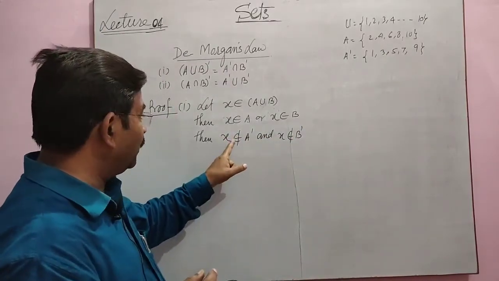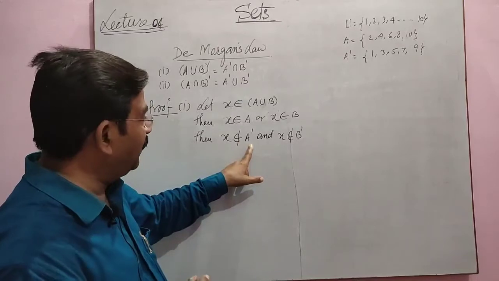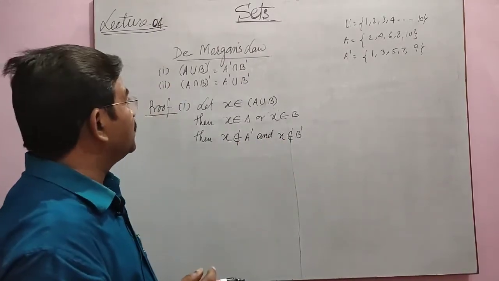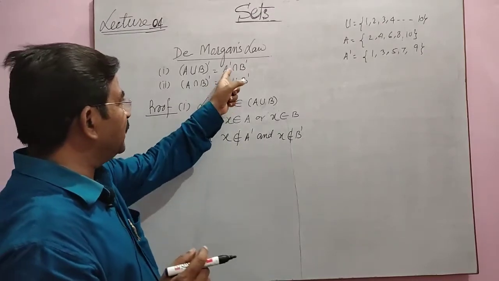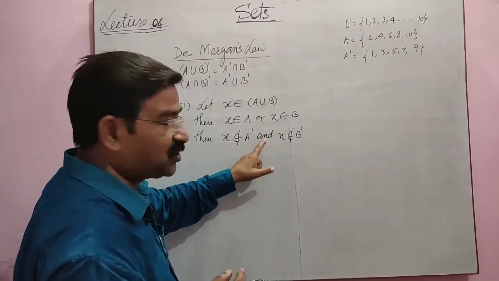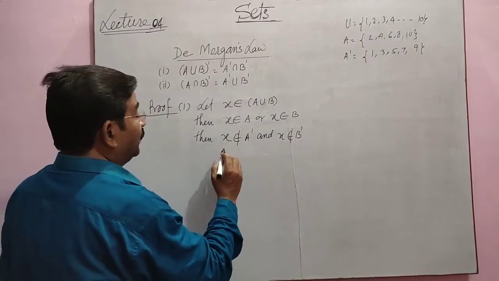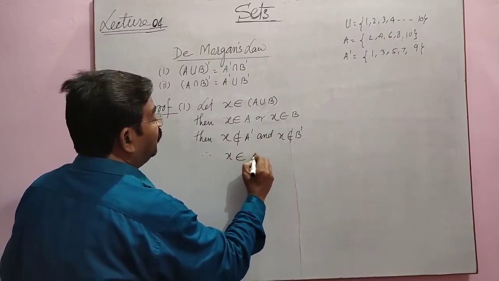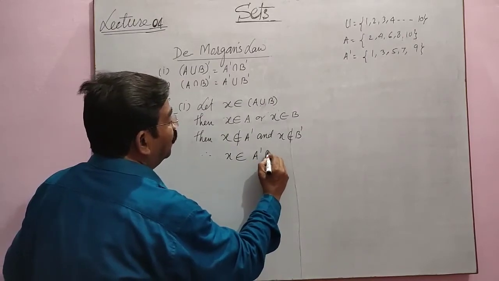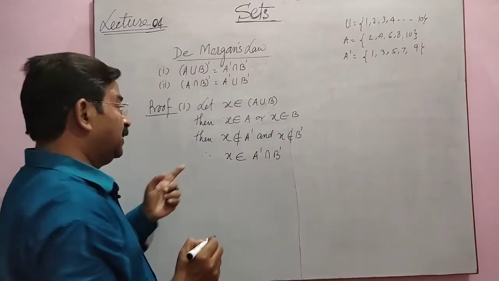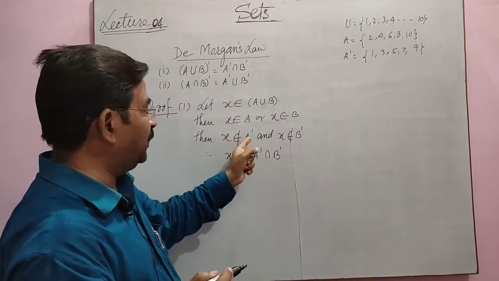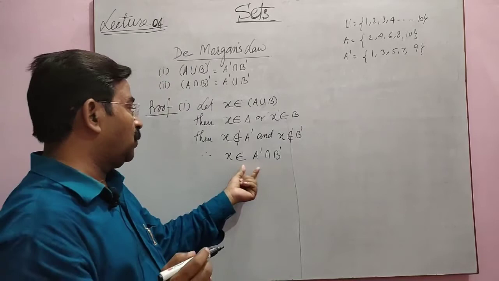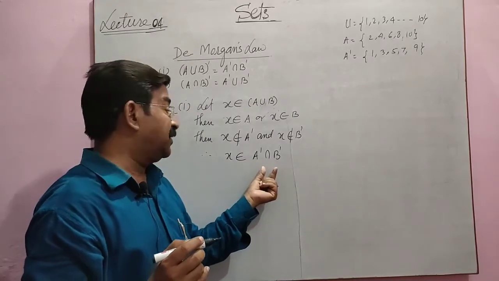So X is not found in the complement of A and X is not found in the complement of B. What does it mean? It means this is AND, A intersection B. Therefore we can say X will not be found in A complement intersection B complement. If X is not in A dash and X is not in B dash, then obviously X will not be found in its intersection.